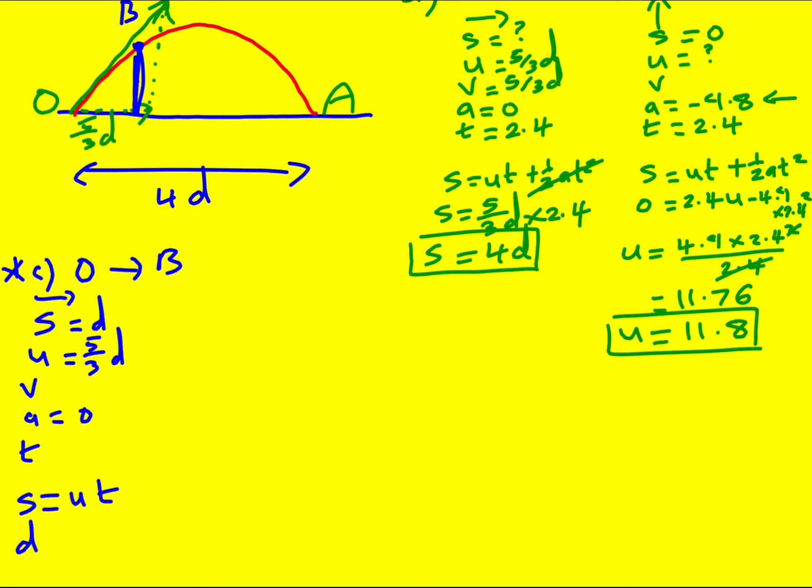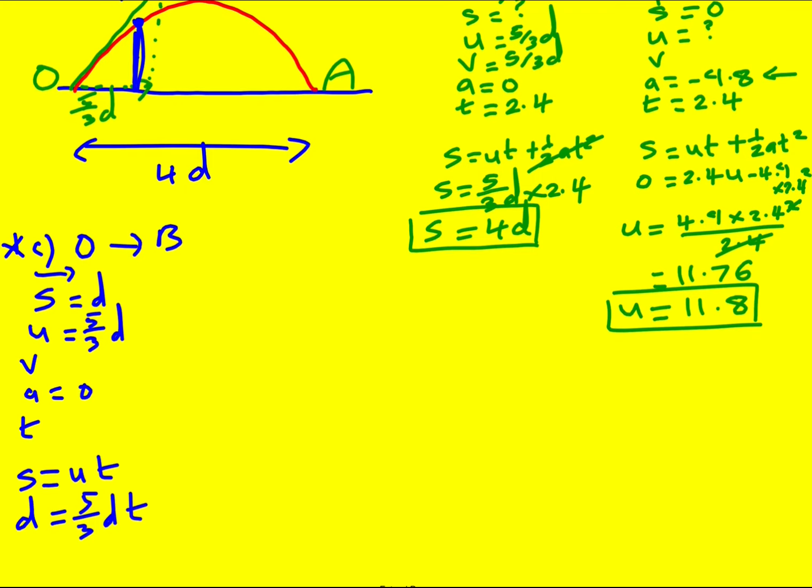Therefore, d is equal to 5 over 3d times t. I can divide, and t is 3 over 5, or 0.6. So I now know the time at which it passed over the wall.